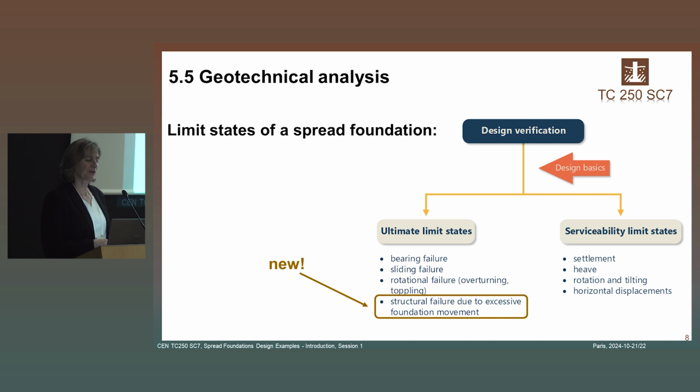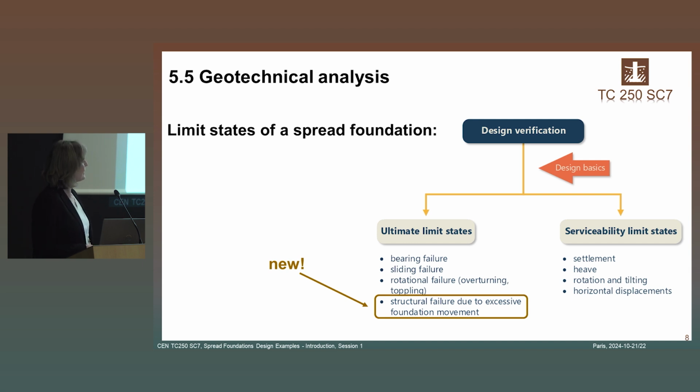As shown before, the geotechnical analysis is then presented, let's say, in subclauses 5.4 and 5.5. And here you can see a diagram on the different limit states of the spread foundation. This is nothing new, of course. So we have to consider the ultimate and the serviceability limit state. And for the ULS, we, for example, consider bearing failure, sliding failure, and a kind of rotational failure.